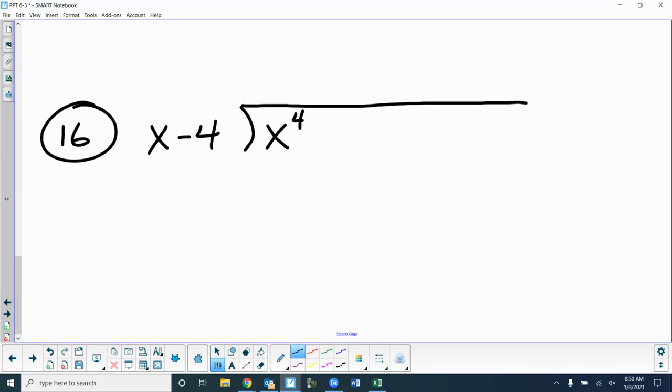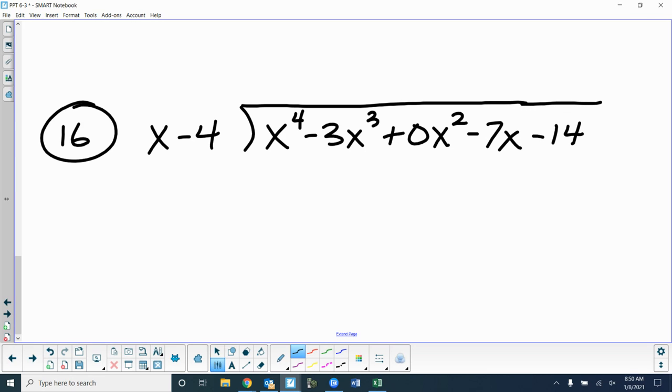There is an x cubed, but there isn't an x squared, so I have to put the 0x squared, because 1 will show up. Then my minus 7x and my minus 14. Okay? So if you forgot the 0, that might have messed you up a little bit.